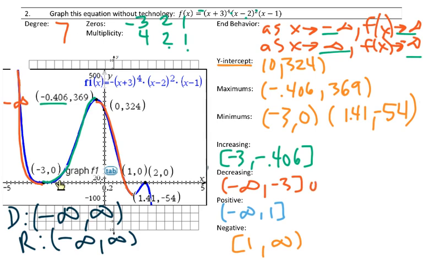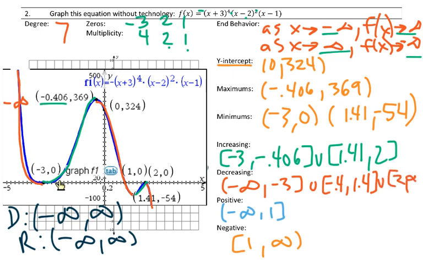So we're decreasing from the negative 0.4 to 1.4. Then we're increasing for a small spot, 1.41 to 2. Then we're decreasing from 2 on. So from 2 to positive infinity, because we keep going to the right, we're going to keep decreasing. Okay?